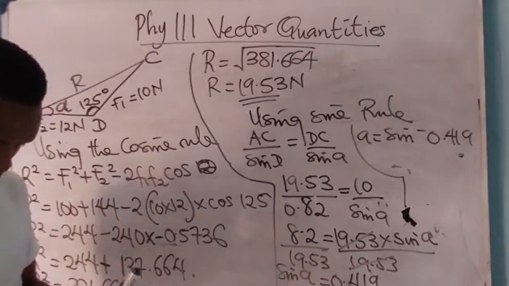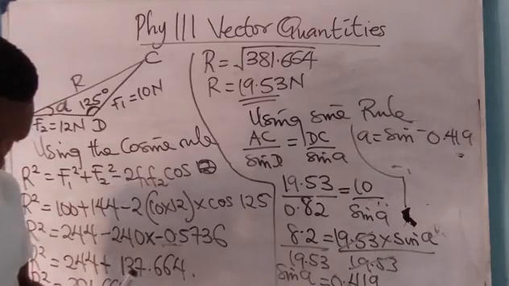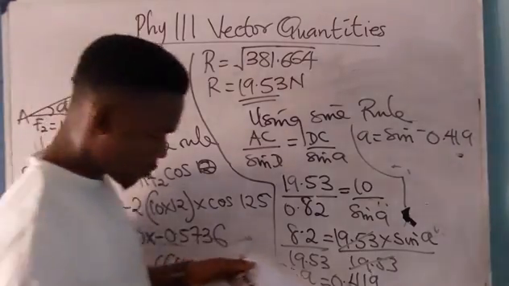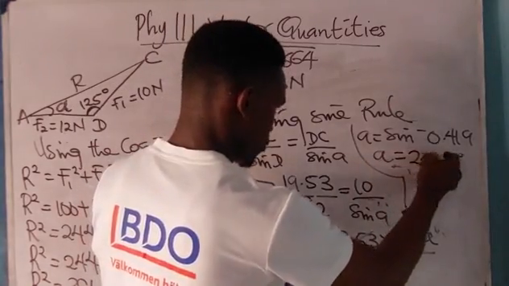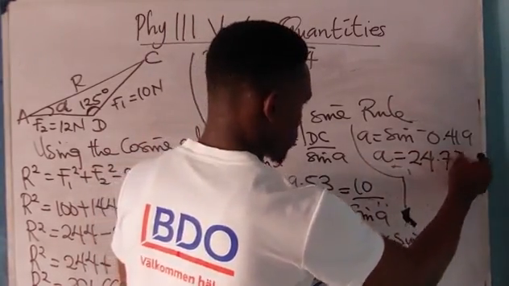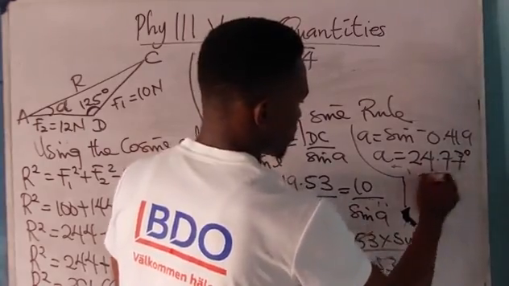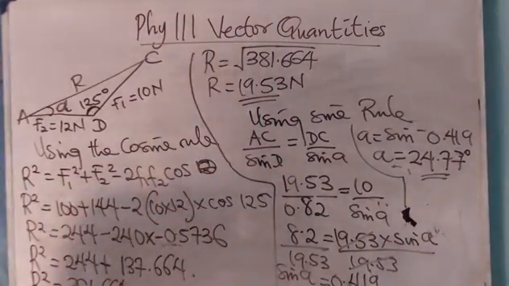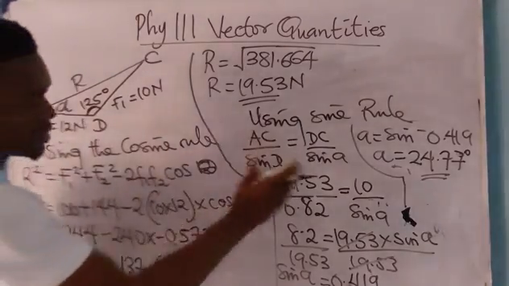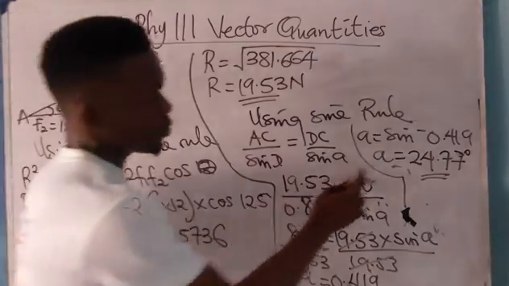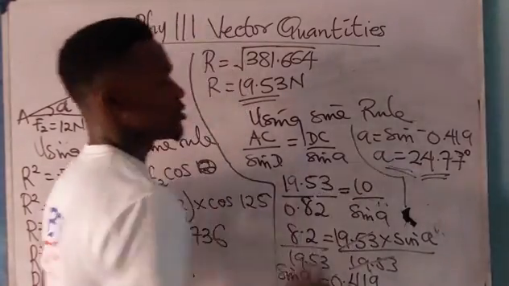I have that A equals 24.77 degrees. So this is the answer. Don't you see that it is very, very short? Just follow it step by step and you understand it. So this is where the calculation stops.